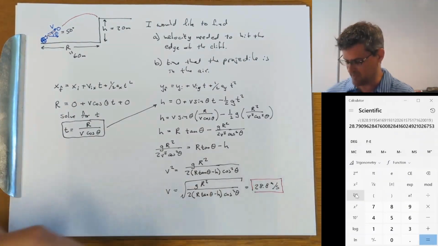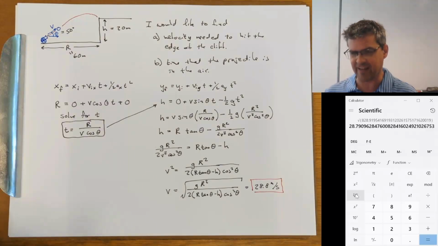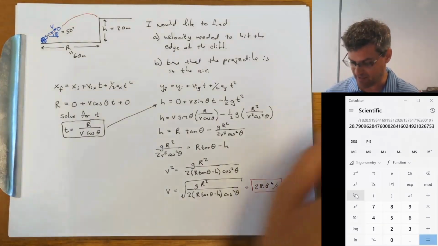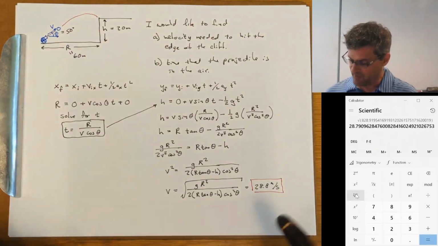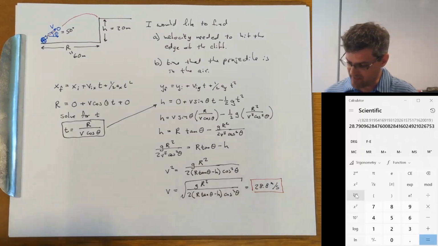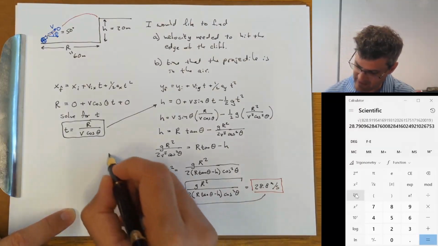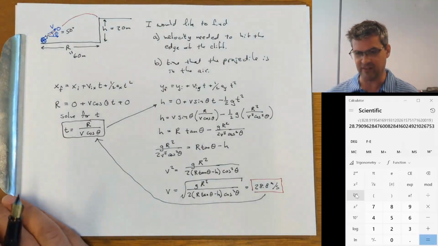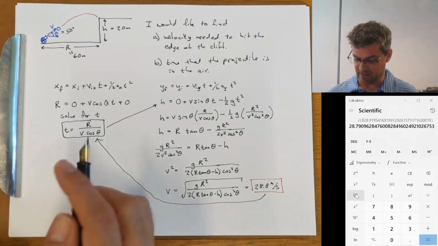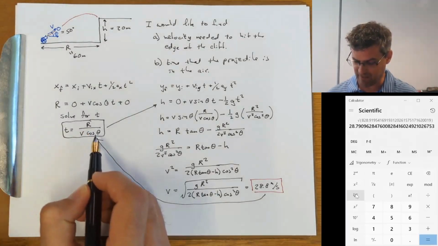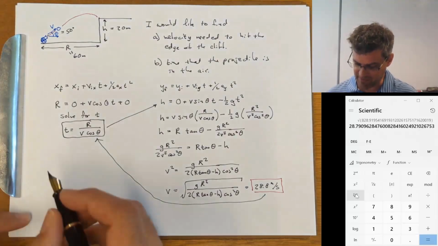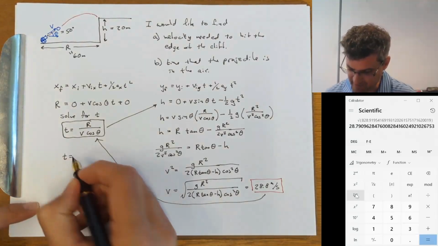That is the speed required at cannon launch to get to that particular point. Now, if I know this velocity, I can take this velocity and plug it back in over here. Now I would know r, v, and theta. That gives me a unique value for time.